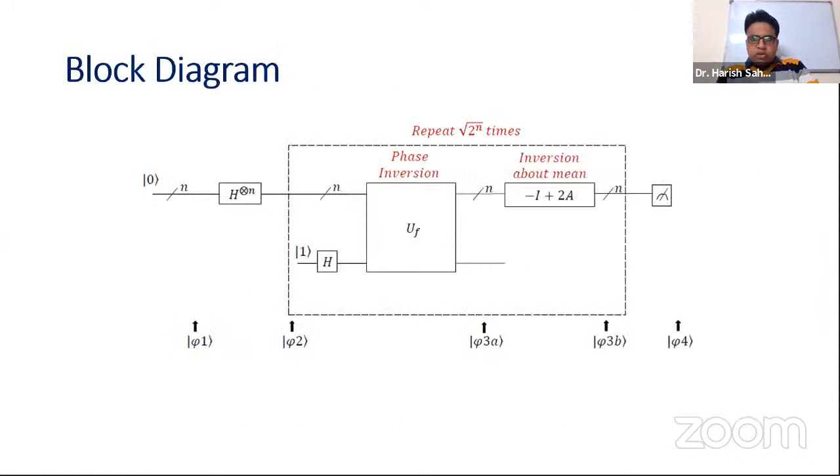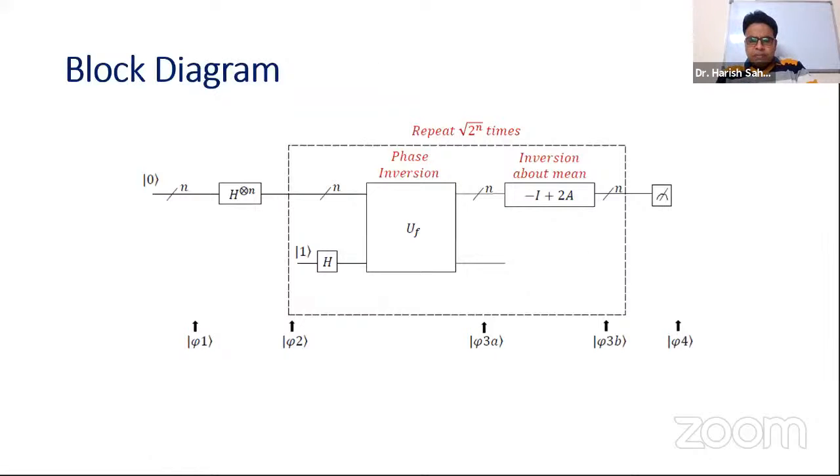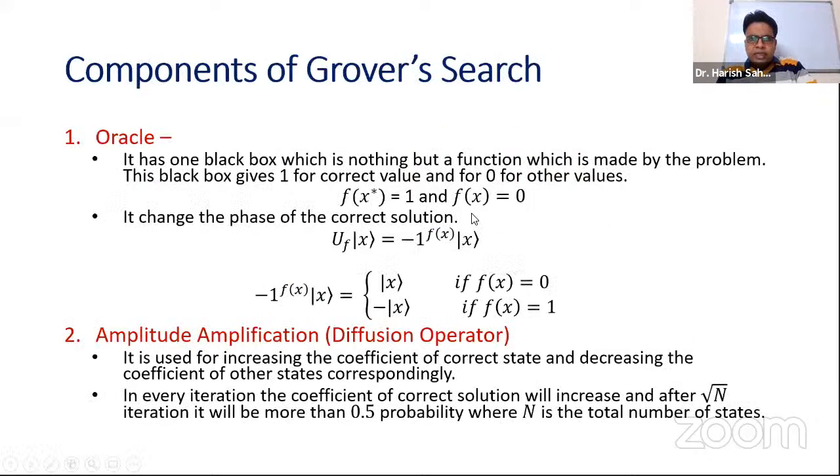So let's look into the detail of the phase inversion and inversion about mean operators, how they work and how they are implemented. Before going into detail, understand that this search is basically if somehow we can represent our search logic in terms of some Boolean function. So this f(x) is our search logic, and x star is the item which we are looking for.